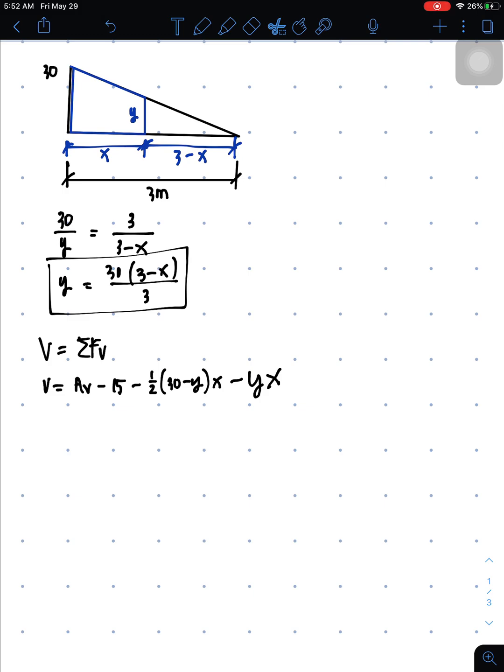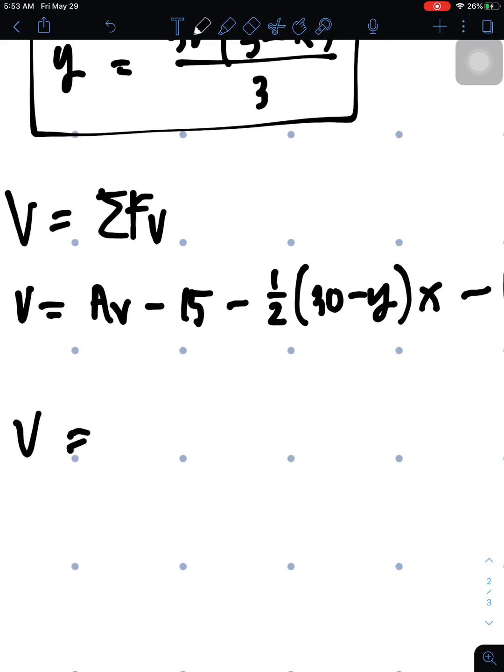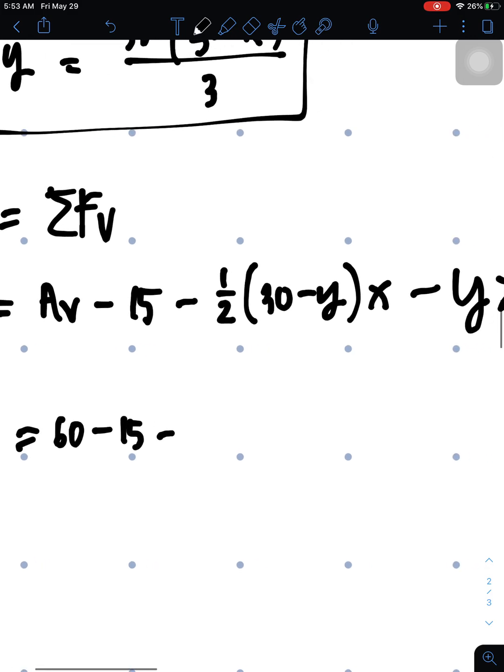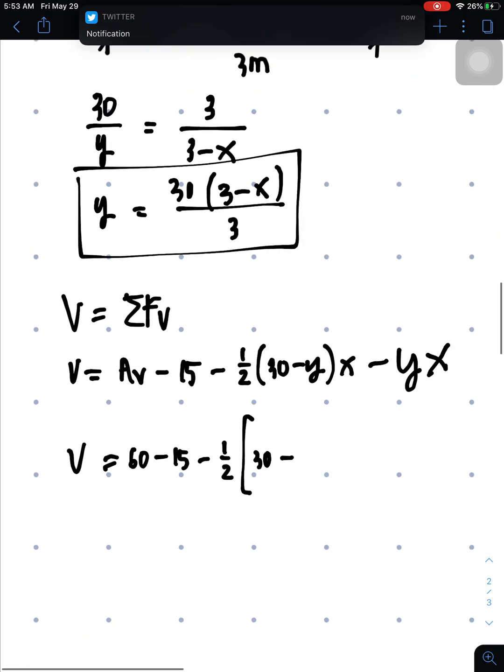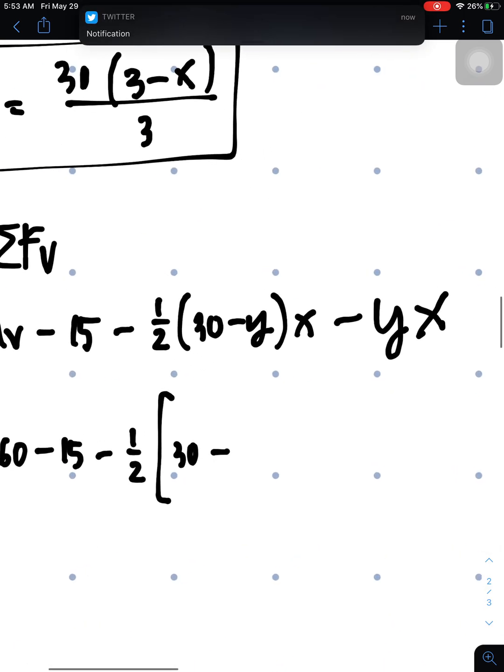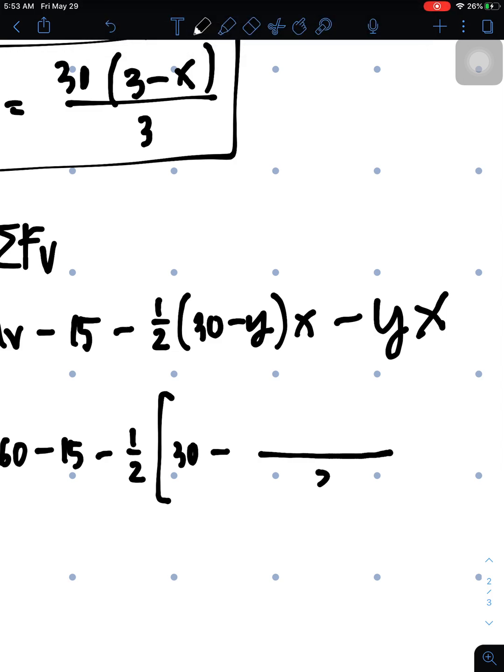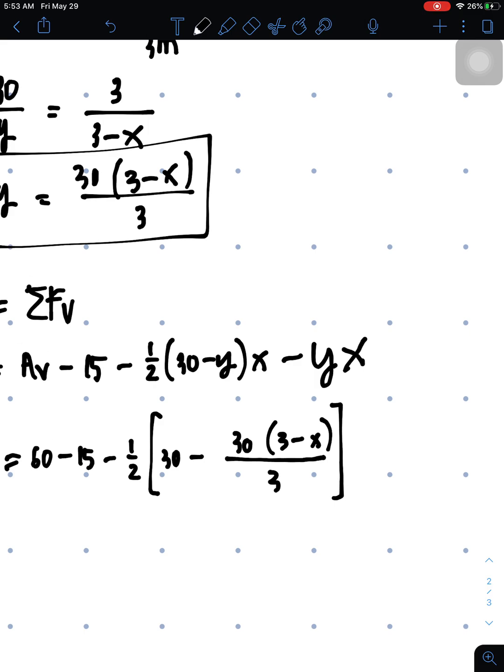And let's continue. For our shear, you have AV nga 60 minus 15 minus 1/2 of 30 minus, what is the value of our y? That is 30 times 3 minus x over 3. That's the value of our y.